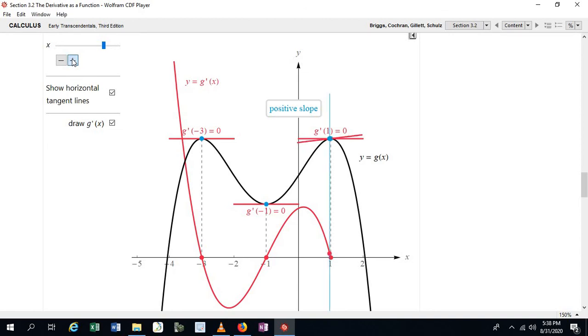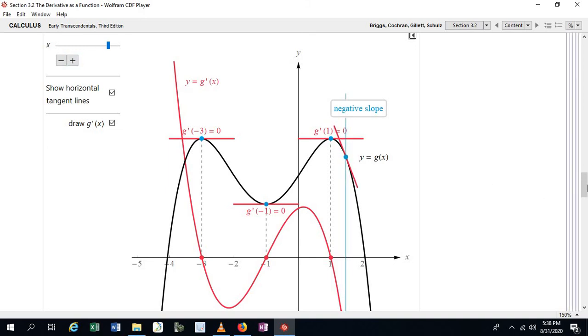Okay, and then once you get to that point, of course, the derivative is 0 because of the horizontal tangent line at 1. And then from there, you can see the slopes of those tangent lines are negative, and they just become more and more negative, and therefore the graph of the derivative just continues to head towards negative infinity. Okay, so that's how we graph the derivative of a function.